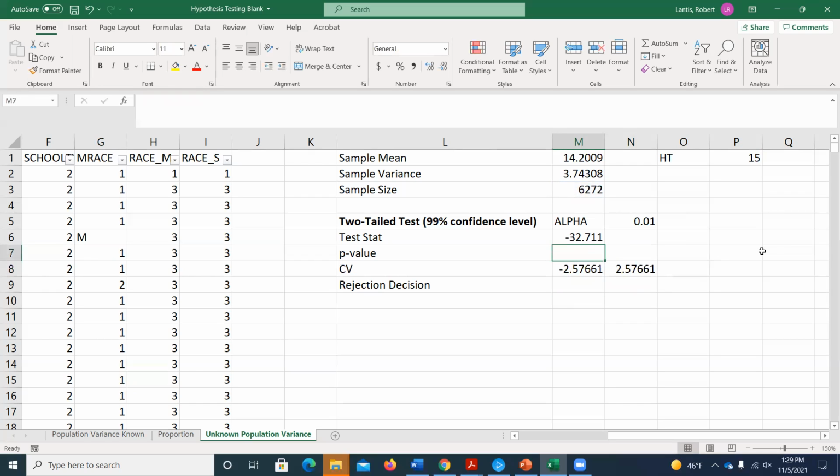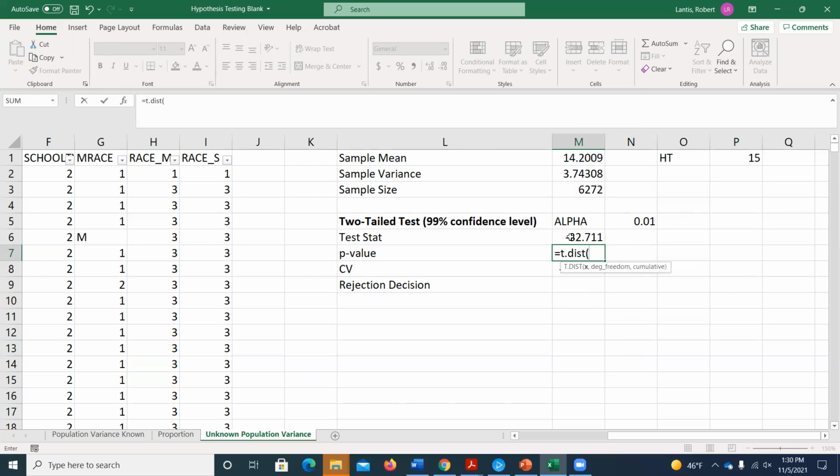I could also come up with my p-value. This is where doing this by hand was hard with that student t-table. Instead, I can look up any test statistic if I use Excel, because it basically does the integration. It doesn't really have a table stored in it. So I'm going to tell it t.dist.